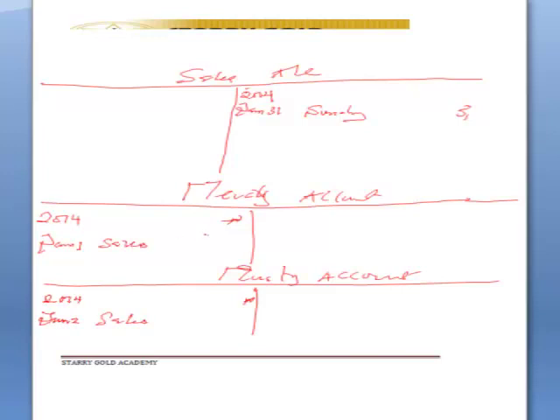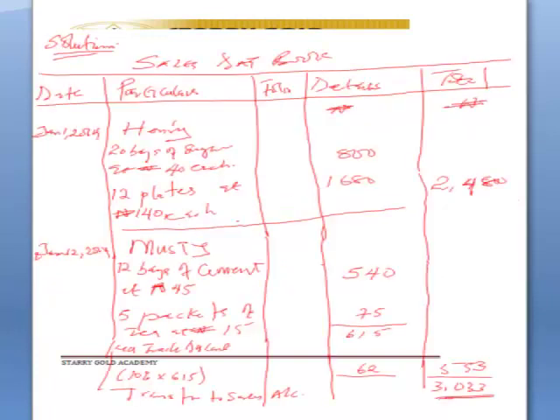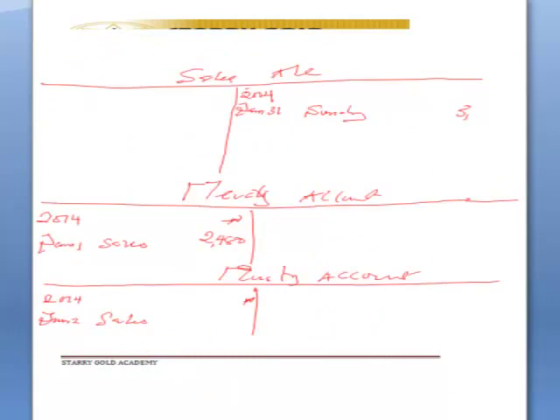The value for Mercy is 2,480, and the value for Musti is 553. So this is how it will go. And remember the total here is 3,033. So that is for the sales day book.